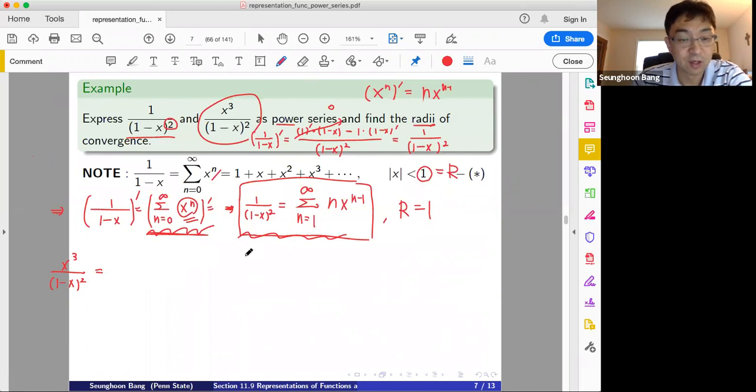How can you do that? You can use the previous result: 1 over 1 minus x squared equals the summation n equals 1 to infinity of n times x to the power n minus 1. Only multiply both sides by x cubed.